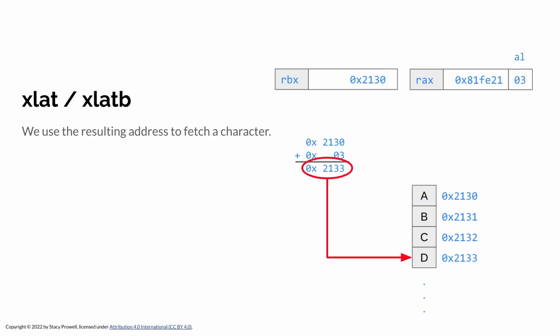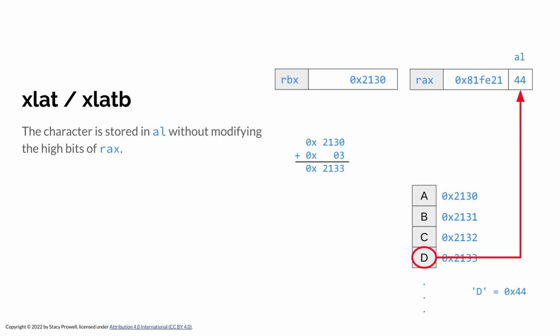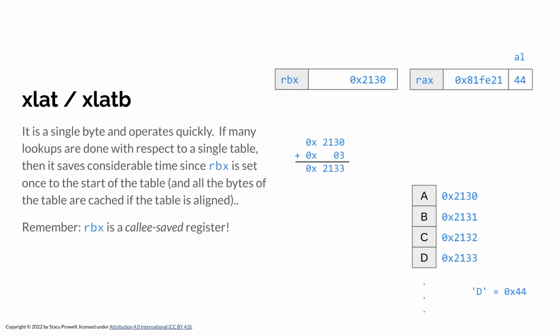Then I look up the byte that's stored at address 2133. It's a D in this case. So I take D, and the character code for D is hex 44, and I put that into AL. It doesn't modify any of the high bits of RAX. It just modifies AL. And there you go. That's what it does.